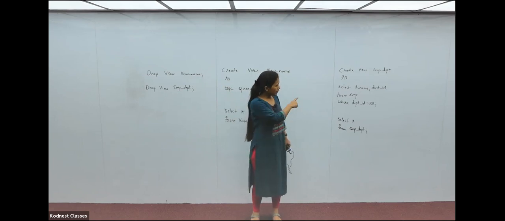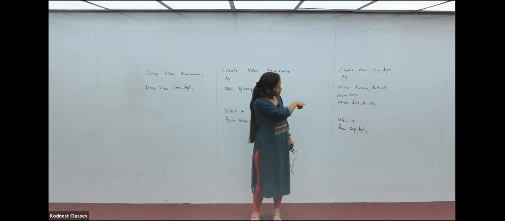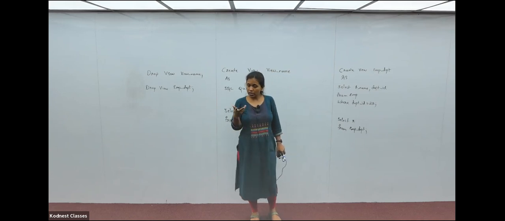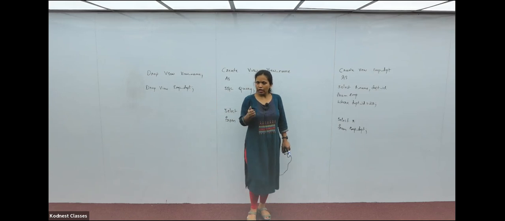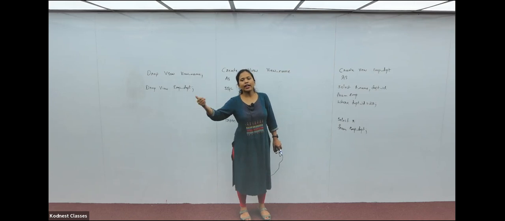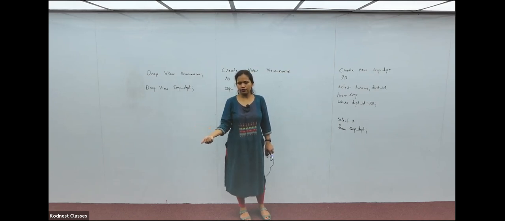Maybe I'll delete one employee's name from the EMP department table. Will it allow you to delete the record from the view table, because it's a virtual table? Will it allow or will it not allow? If it is allowing, how are the changes happening? Which means if you're making changes in the view table and it is allowing, is it reflecting in the actual table also?